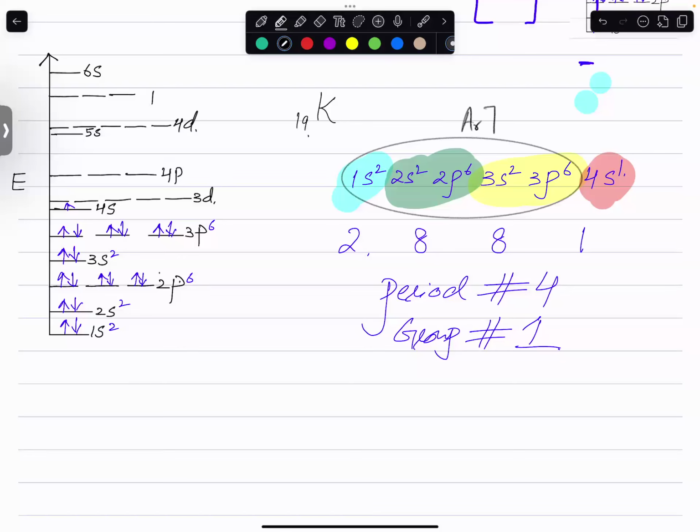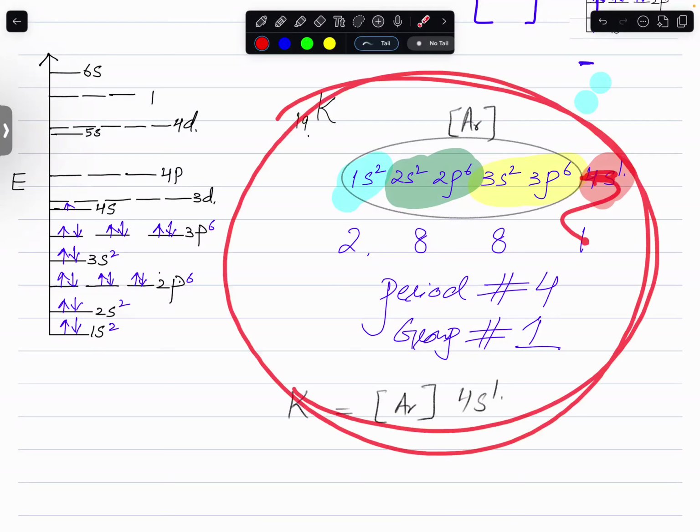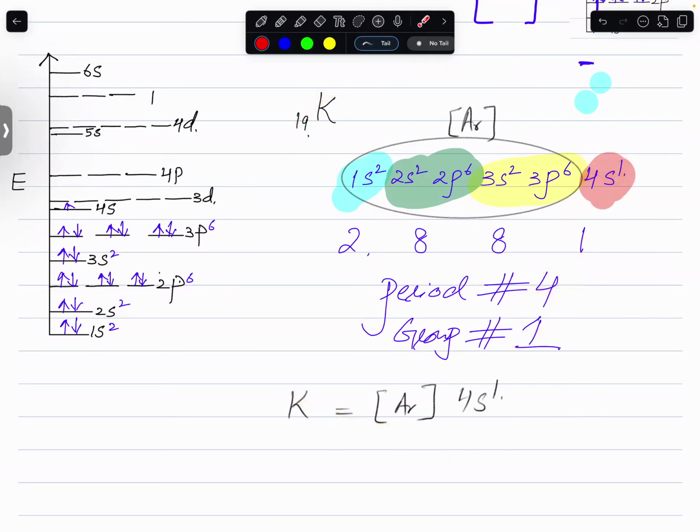Potassium is argon 4s1. So one thing which is very clear: potassium clearly indicates it is in period number 4, group number 1, and that after 3p, electrons are going into 4s.